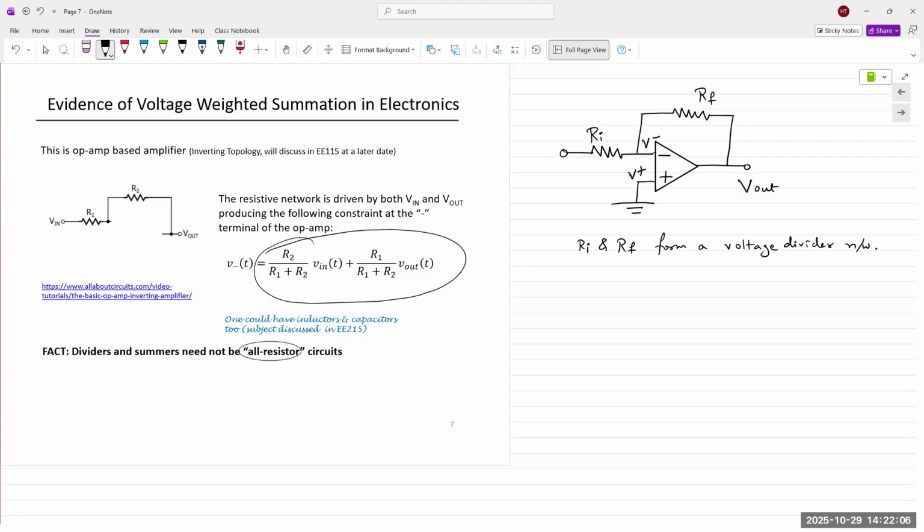A fraction of the output is fed back into the input. So the inverting terminal, which is V minus, receives that voltage. And simply by changing the ratio of these resistors, we can get an amplified version of the input at the output. And that is the fundamental operating principle of an amplifier circuit using an op-amp chip.